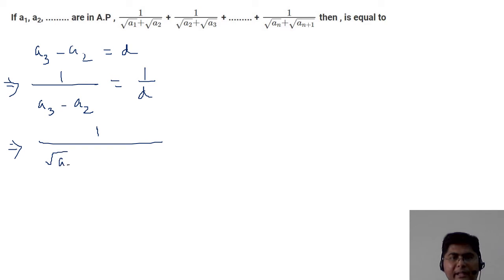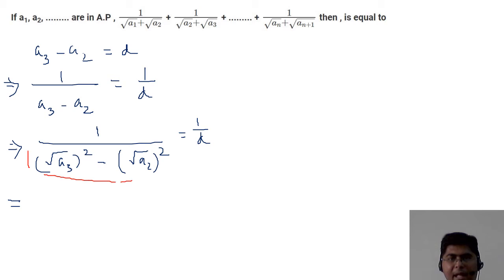Root a3 whole square minus root a2 whole square is equal to 1 by d. As you know, this formula can be expanded with the a square minus b square formula, that means (a minus b) into (a plus b).